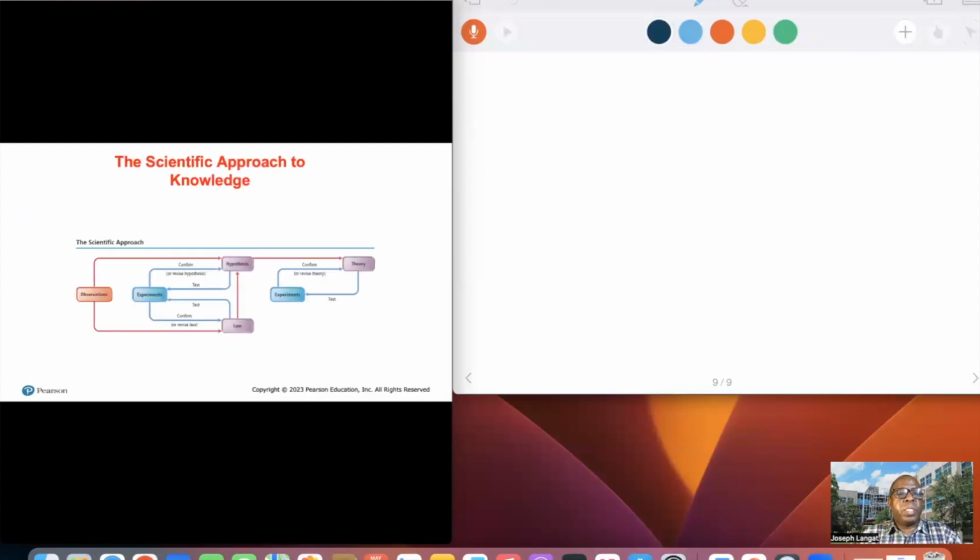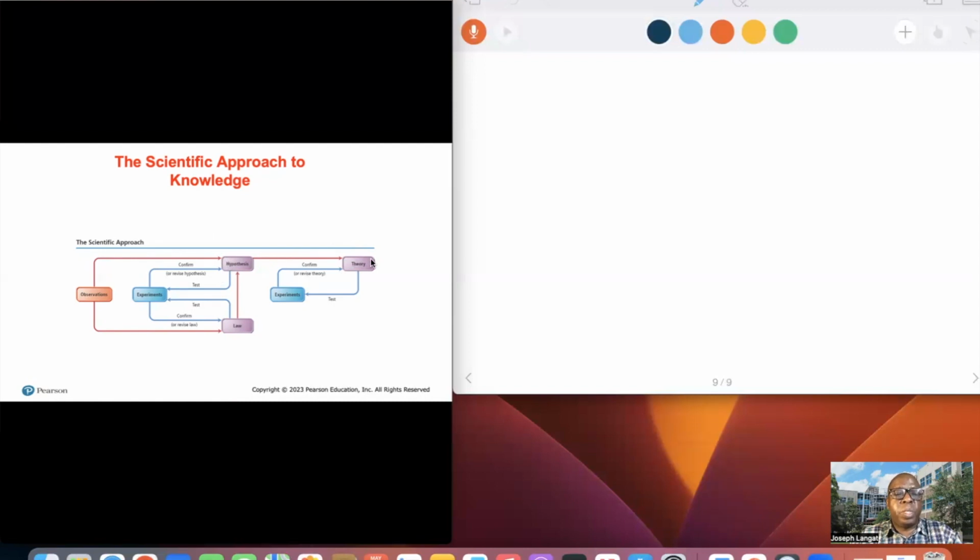In summary, this is the flowchart of our scientific theory: you make the observation, and once you collect the data, you have the hypothesis, which can be promoted to a theory if experiments support the hypothesis.